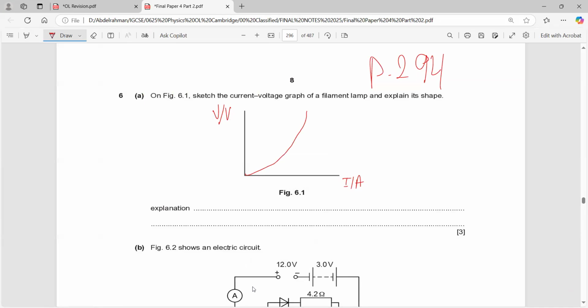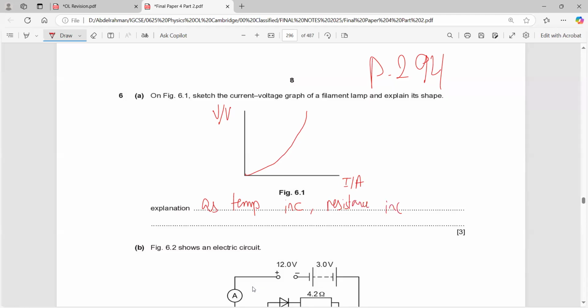And then in the explanation, you need to say what? As the temperature increases, what happens to the resistance? Resistance increases.